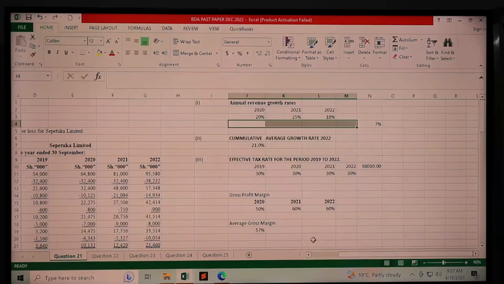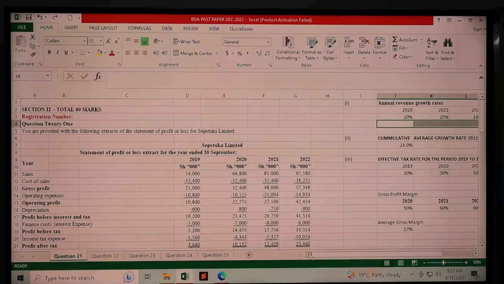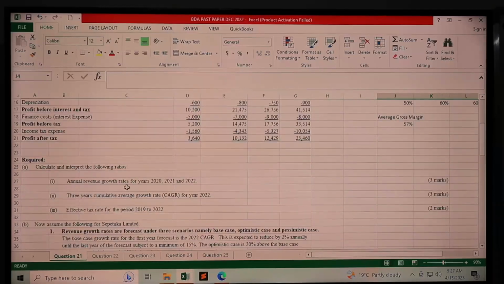Then the next question, you're supposed to calculate the 3-year cumulative average growth rate. 3 years cumulative average growth rate for the year 2022.